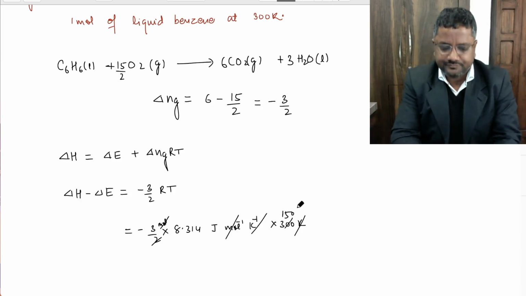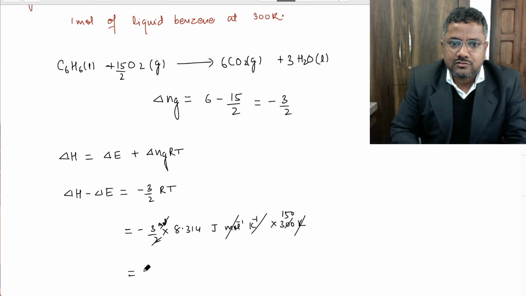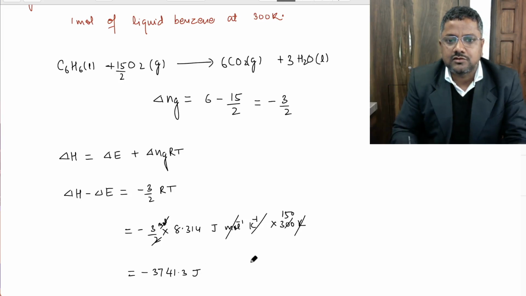So 150 multiplied by 8.314 multiplied by 3, so this is equal to minus 3741 joules.